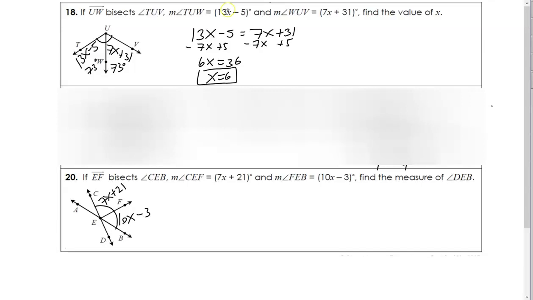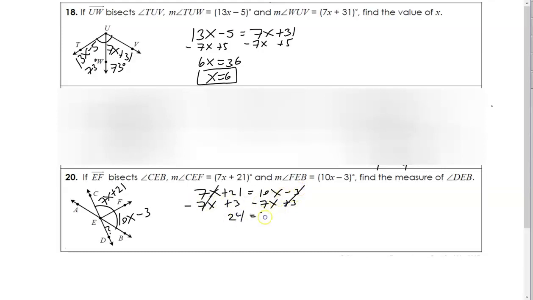What we're looking for is this one. Well, we know that since CEF and BEF were formed by an angle bisector, they're equal. So that means 7x plus 21 equals 10x minus 3. All right, so those cancel out and those cancel out.